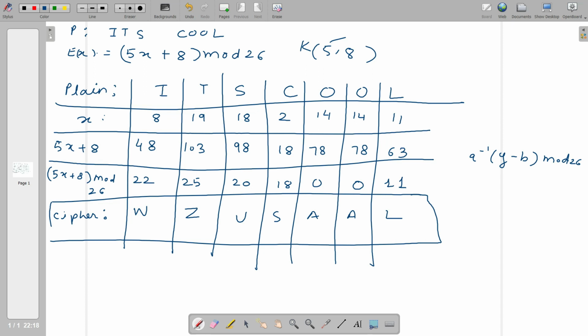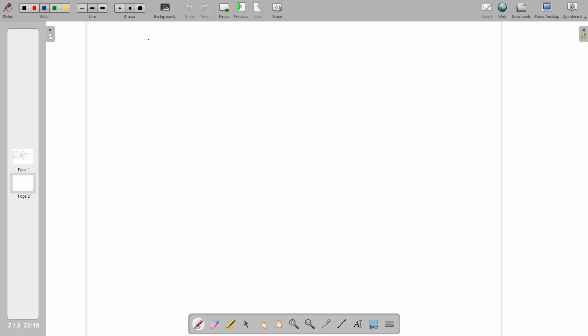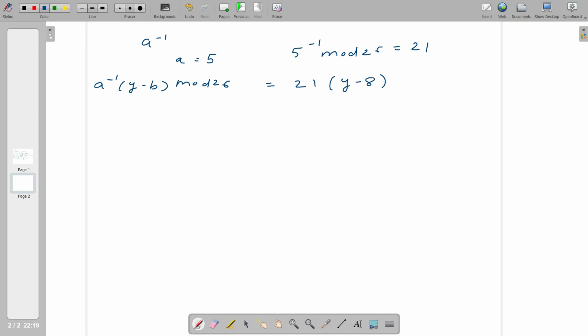So for this same example, A is 5, so 5 inverse mod 26 is going to be 21. So it means A inverse (Y minus B) mod 26 is 21 (Y minus 8) mod 26, because B was 8.